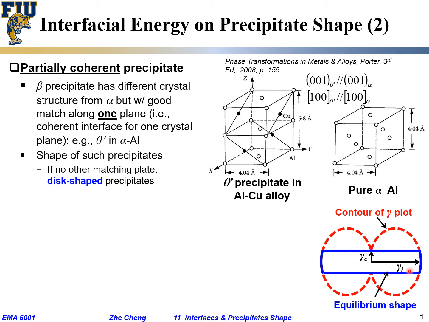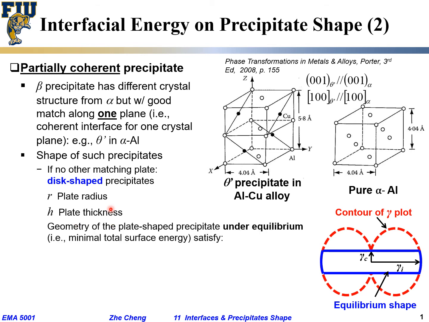Okay, and then of course, if we define R as the radius for this precipitate, we said it's a shallow disc shape, R for its radius, H for height of this shallow cylinder, and geometrically, the equilibrium shape of this disc has to satisfy a certain relationship.